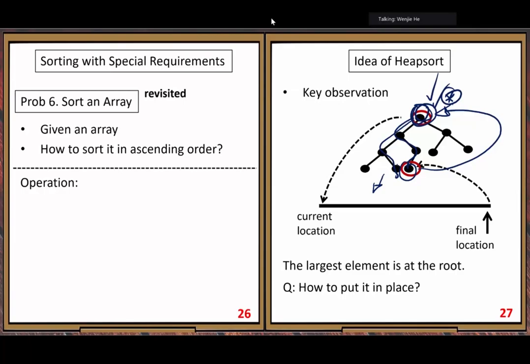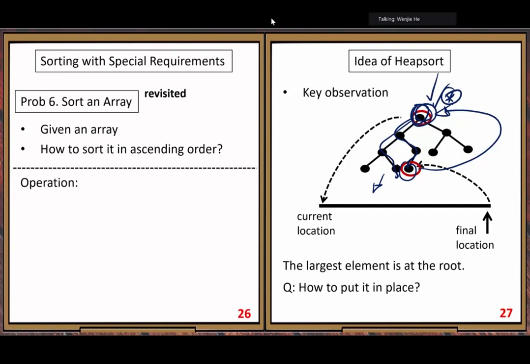Okay? So after we get a max heap again, we can put the root node in place by another swap, because we know its right position immediately.